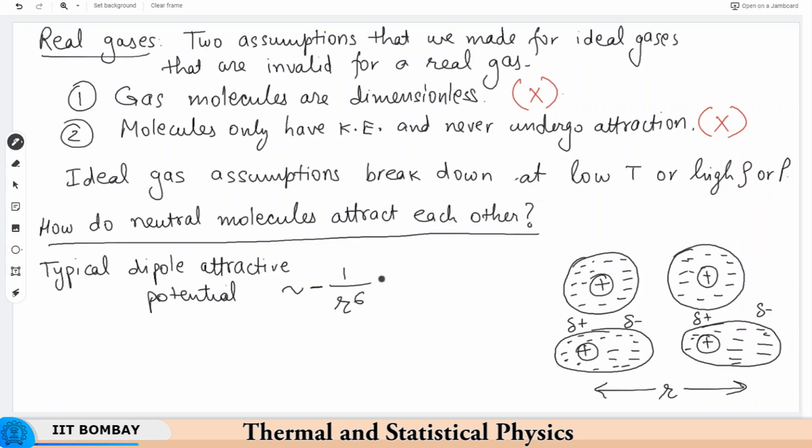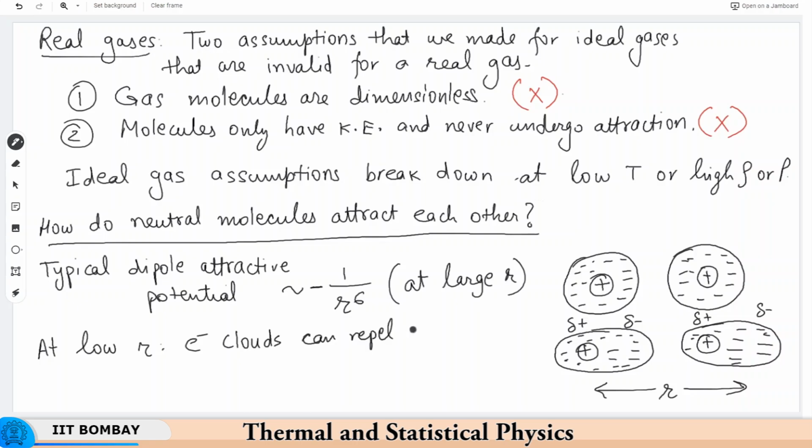So this is at large r, this is what we assume. When molecules are far away from each other, they will have some net attractive forces between each other, which scales as 1 by r raised to the power 6 typically. But at low r, the electron clouds can repel each other, and that will typically lead to a repulsive interaction.